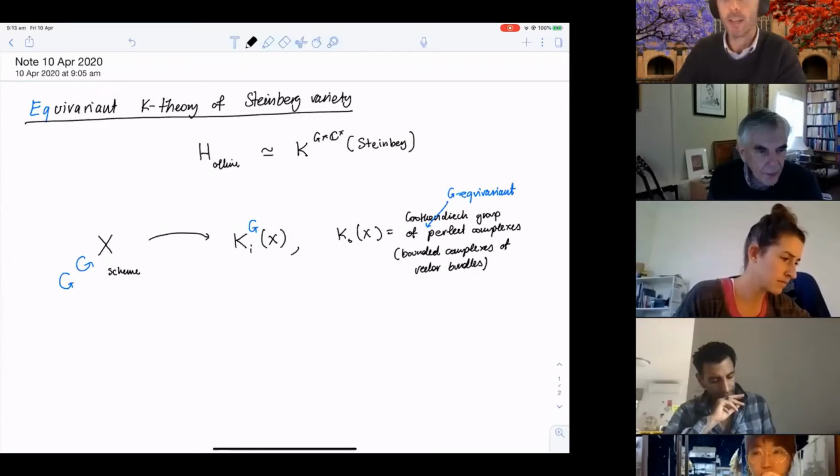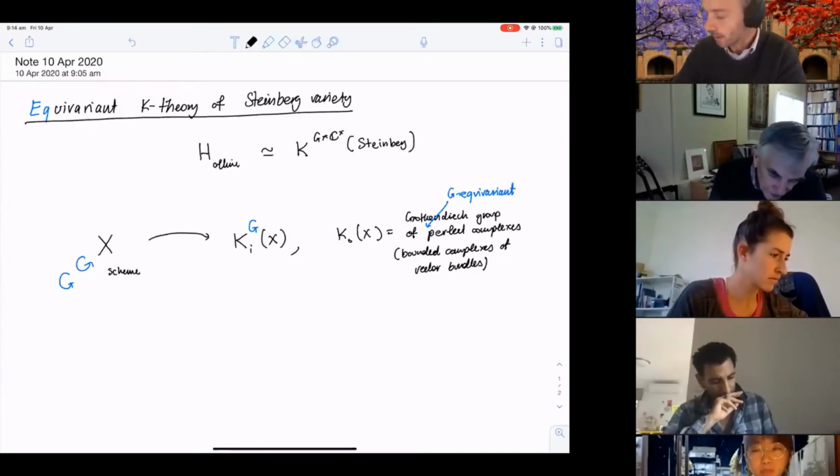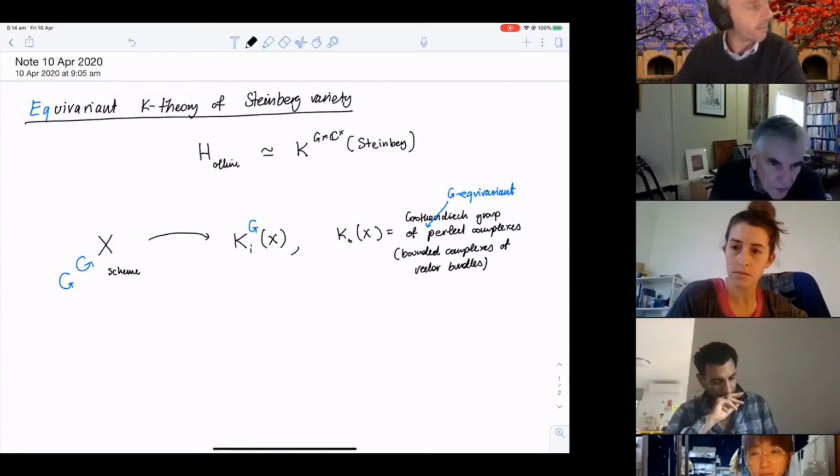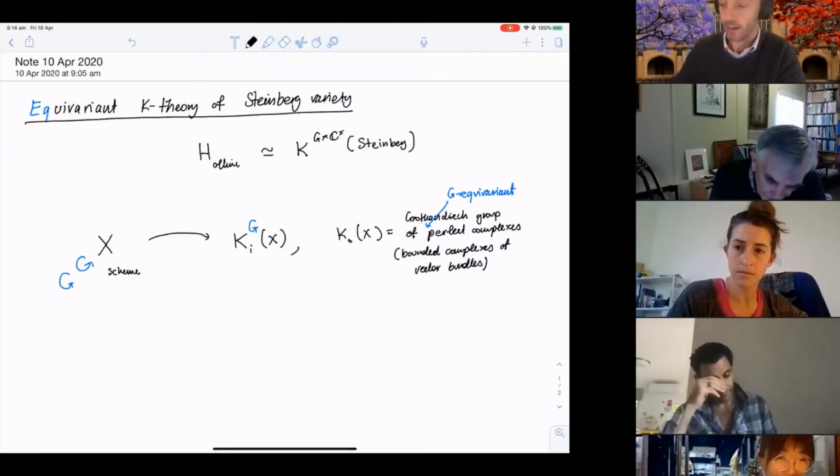This was extremely useful in solving fundamental questions in algebraic topology. A classic example is Adams' solution of the so-called vector fields on spheres problem, a very fundamental problem in algebraic topology that was solved by K theory.